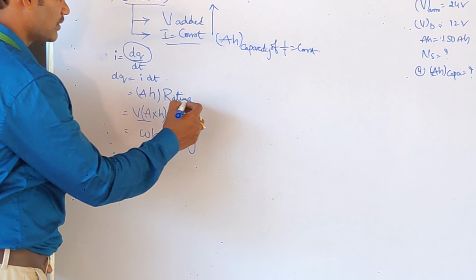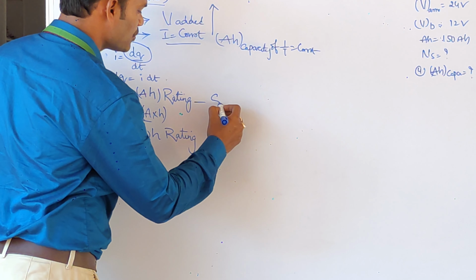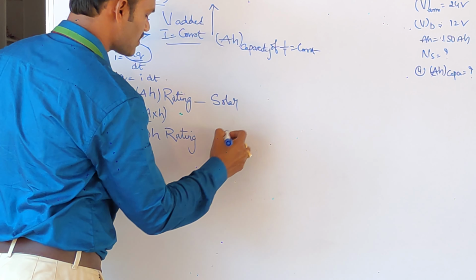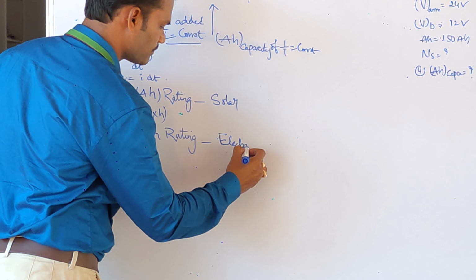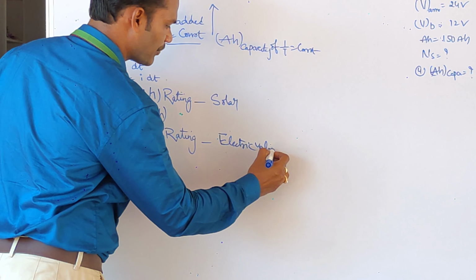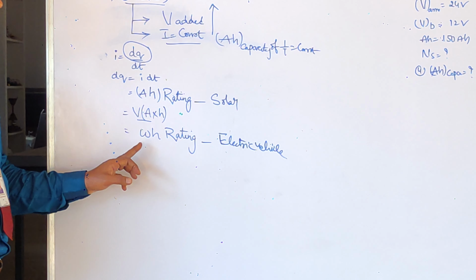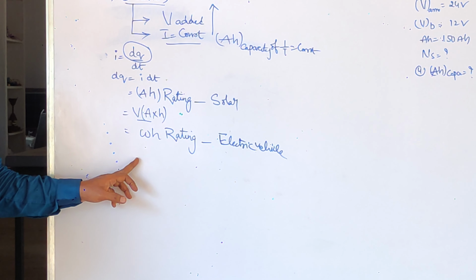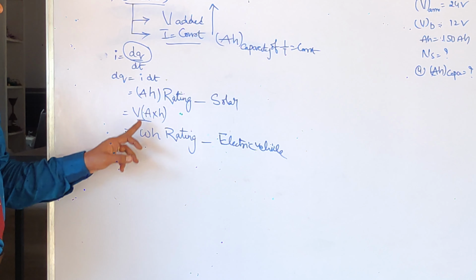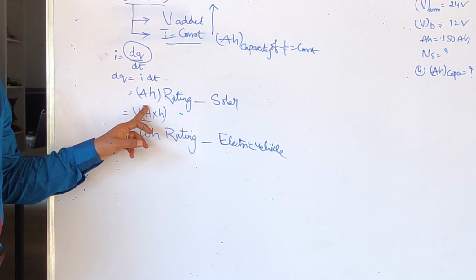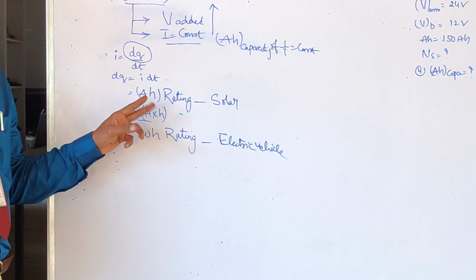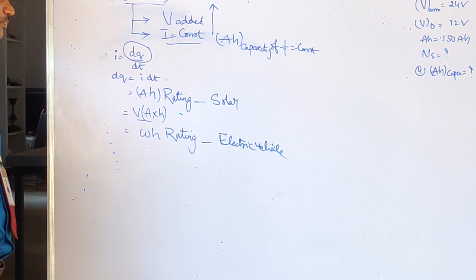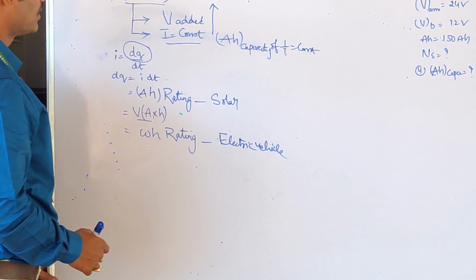Ampere hour rating is used in solar systems, and watt hour rating is used in electric vehicles. If you buy an electric vehicle, the battery specification will be expressed in watt hour or kilowatt hour. When you have a solar system, it will be expressed in ampere hour. That's how you have two ways of representing, but ultimately both are the same. So that is about battery.